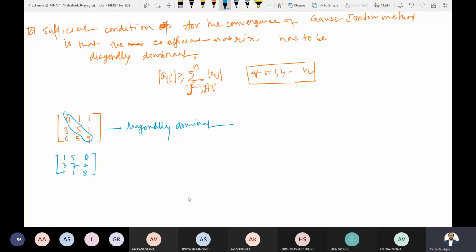So A11 should be greater than or equal to A12 plus A13, A22 should be greater than or equal to A21 plus A23, and A33 should be greater than or equal to A31 plus A32, which is not happening for the given matrix.